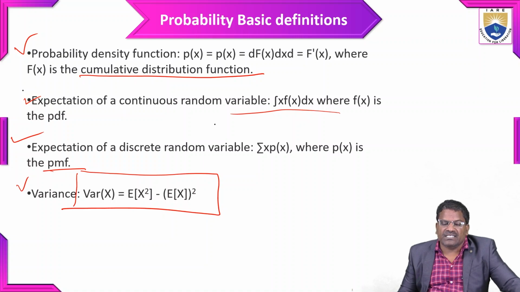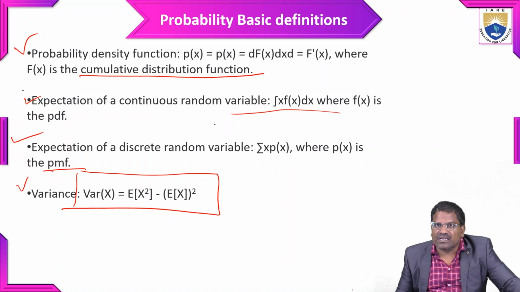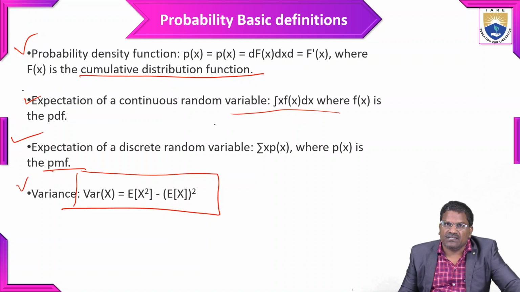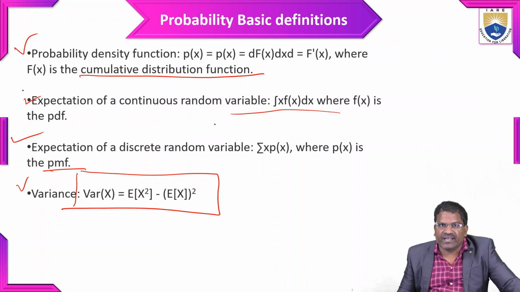Expectation of a discrete random variable can be determined with sigma x into p of x, where p of x is the probability mass function. Now let us define variance. Variance of x is equal to E of x square minus E of x whole square.